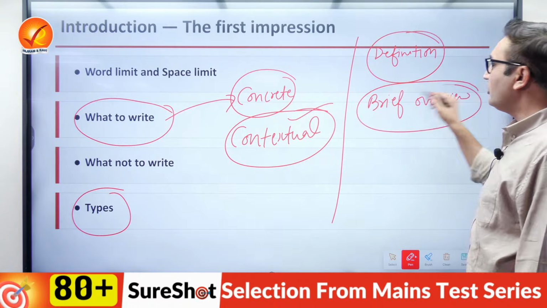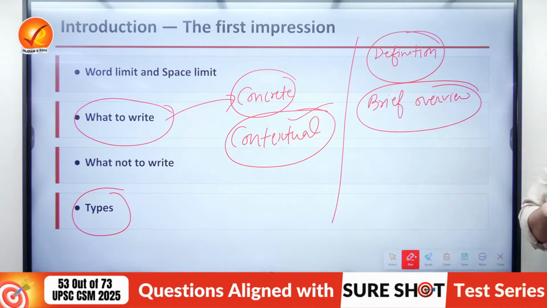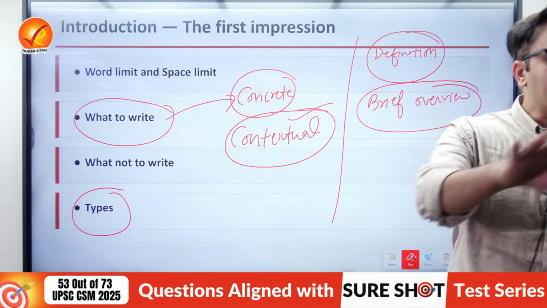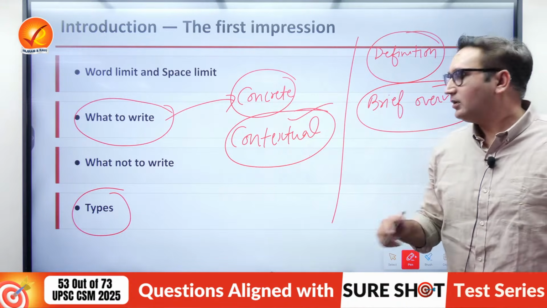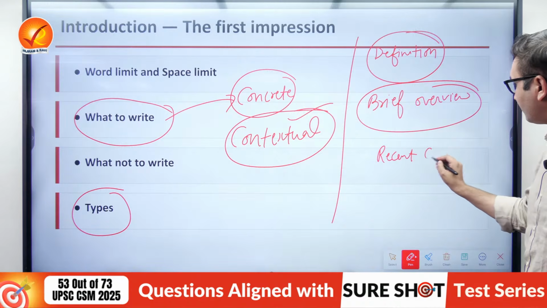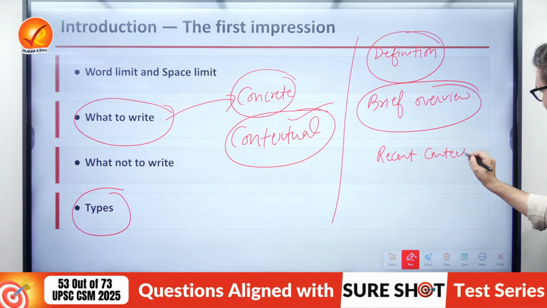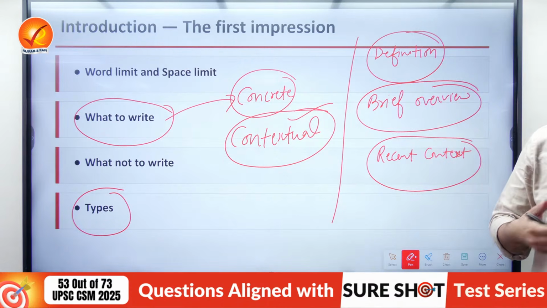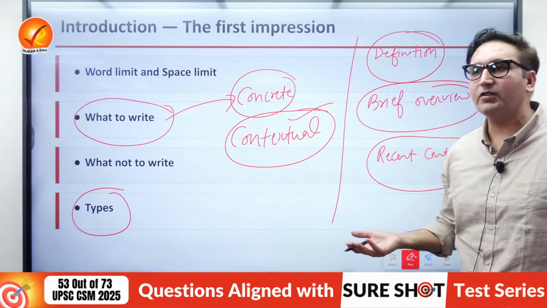People write briefly everything about the issue that is going on. Another is recent news or recent context. This is also a type of introduction. Popularly, you might have seen it in toppers' copies and everywhere.